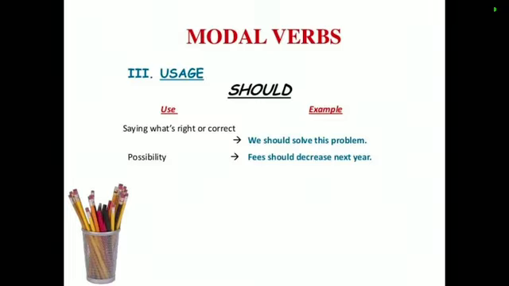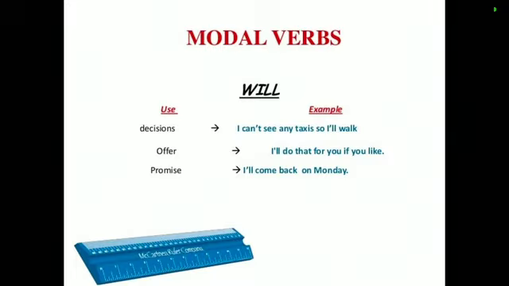Now, about modal verb will. So students, you are all familiar with will when we frame sentences tense-wise, but will in the first person expresses intention, promise, threat, and determination also.